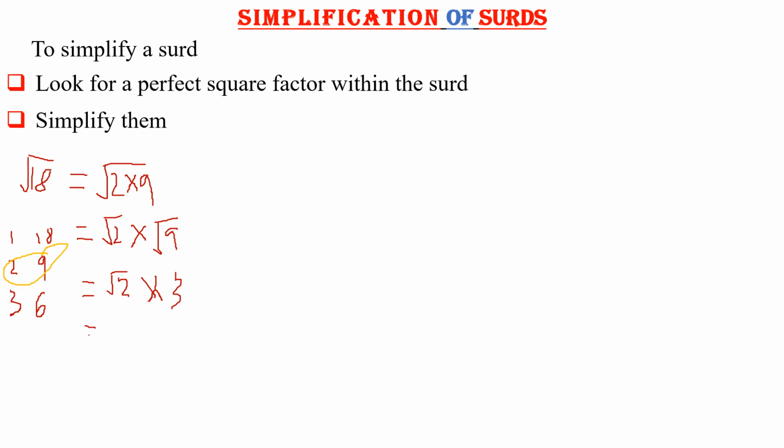Therefore, a rational multiple of a surd is a surd, so the answer becomes 3 root 2.